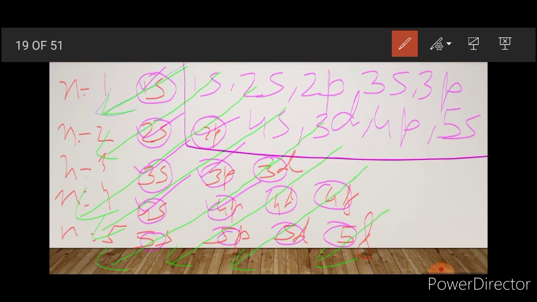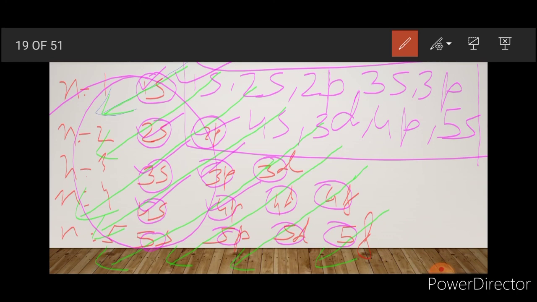Are you able to get this? Now you have to learn this by heart: 1s, 2s, 2p, 3s, 3p, 4s, 3d, 4p, 5s. You will not get time every time to draw this. Once you have drawn, you have found out how it is coming. If you have any confusion, only then draw it. The gist we have taken: 1s, 2s, 2p, 3s, 3p, 4s, 3d, 4p, 5s.